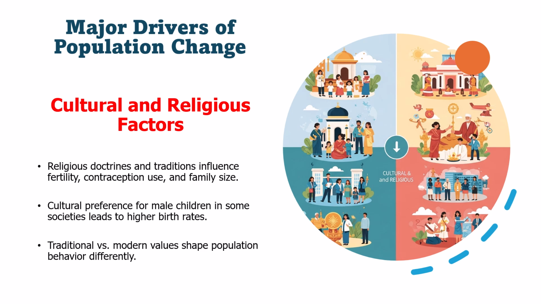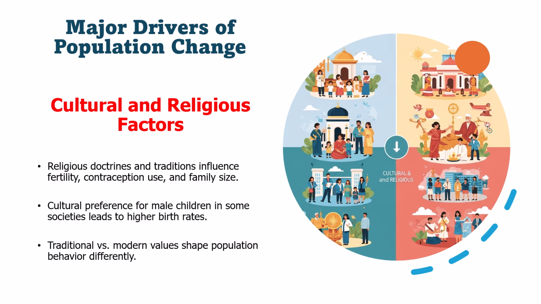Another factor is cultural and religious, which significantly shape patterns of population change by influencing values, attitudes, and behaviors related to fertility and family planning. Religious doctrines and traditions often determine acceptance or rejection of contraception and define ideal family size. In many societies, a cultural preference for male children encourages higher birth rates and can delay the decline in fertility.